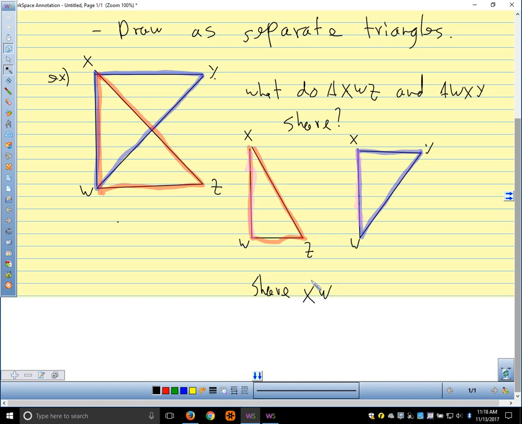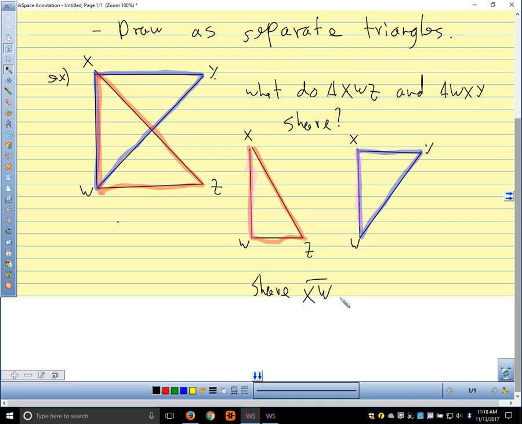And if we were doing some kind of proof that had to do with these two triangles, you might need to say at some point that XW is congruent to itself by the reflexive property. But identifying which triangles are important and then figuring out which parts they share, that's the key.